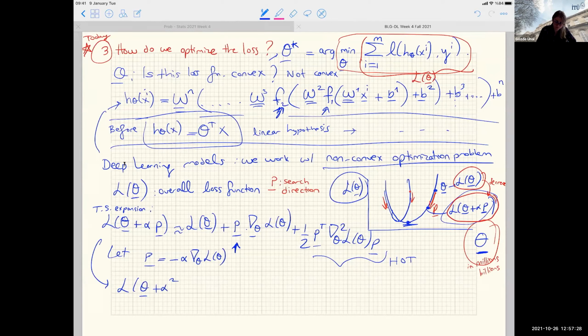First, let's just say I was looking at this direction. Now insert it here: L theta minus alpha times the norm squared of the gradient of L theta.